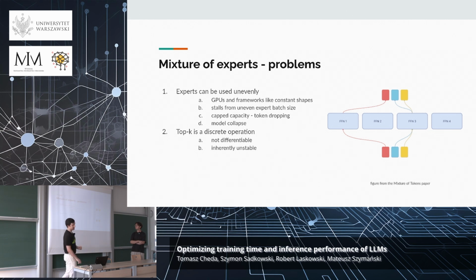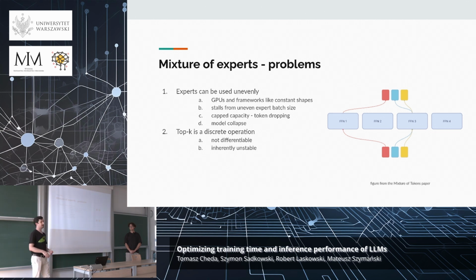What are some other problems? What can go wrong here? Well, because we are choosing an expert for each token, and we're not enforcing that all experts will get the same number of tokens, it may emerge that one expert is well suited for all of the tokens. What will then happen?